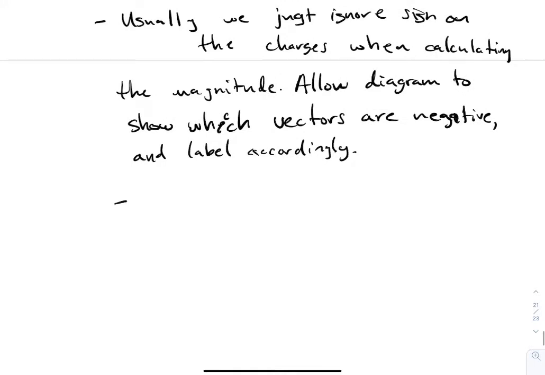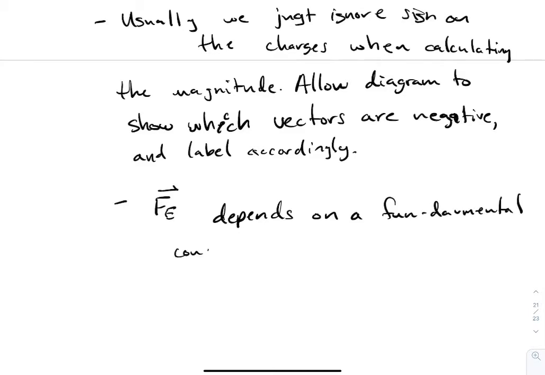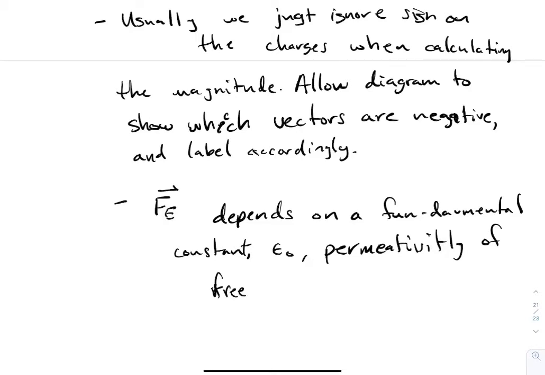Finally, the last interesting point I like to make is that the electric force depends on a fundamental constant of the universe, and it's epsilon naught, which was the permittivity of free space. I may have misspelled permittivity. I'm sorry, I'm kind of rushing. Permittivity of free space.